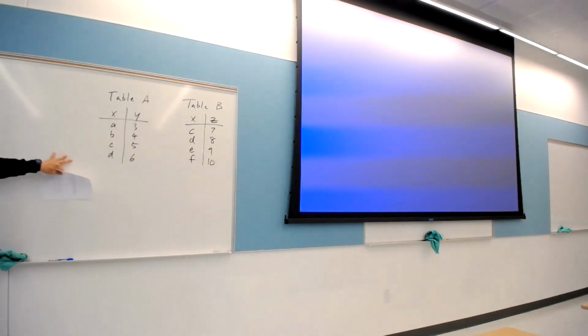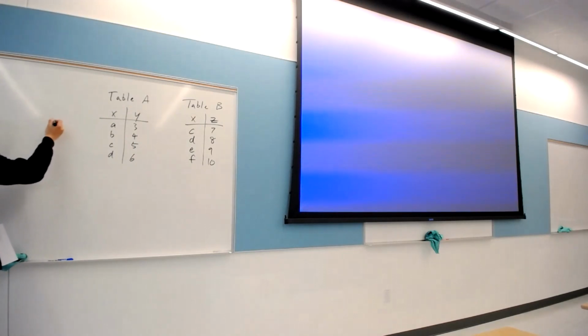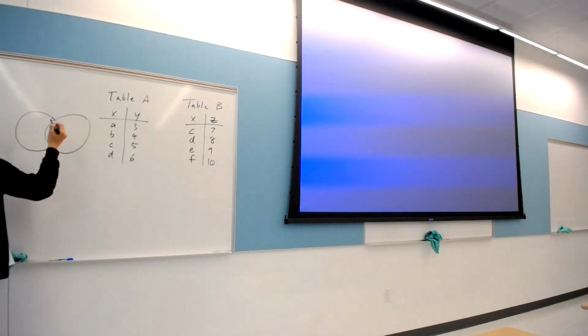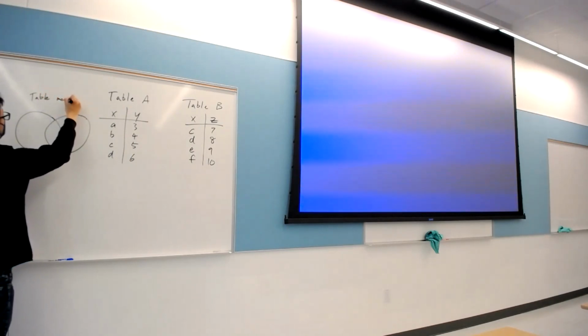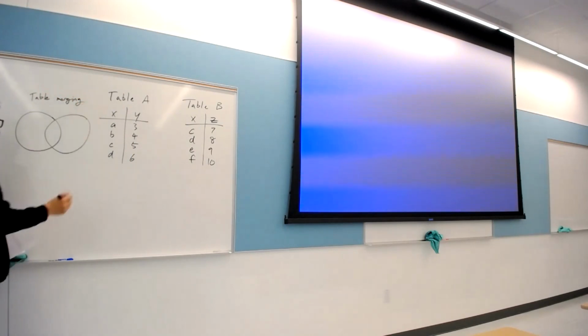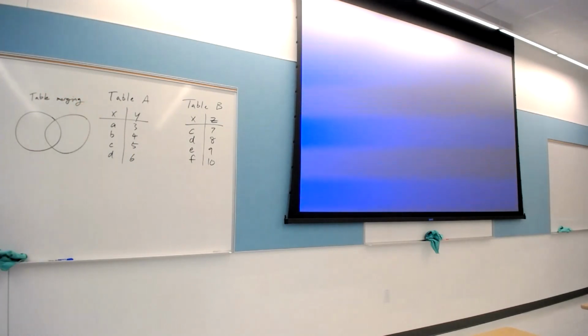So the concept of doing a join or a merge is something like this. I'll have this Venn diagram here. Table merging. And we could have a couple different things happening.